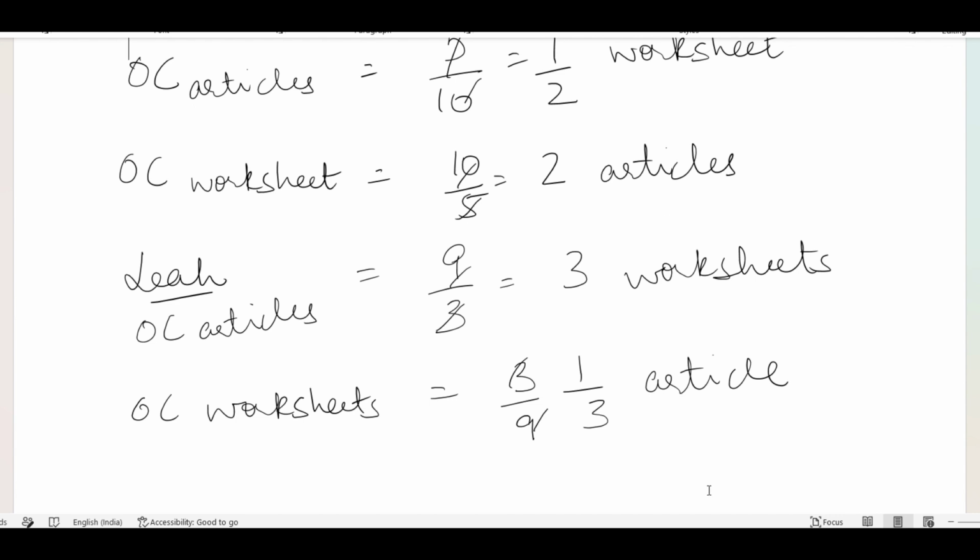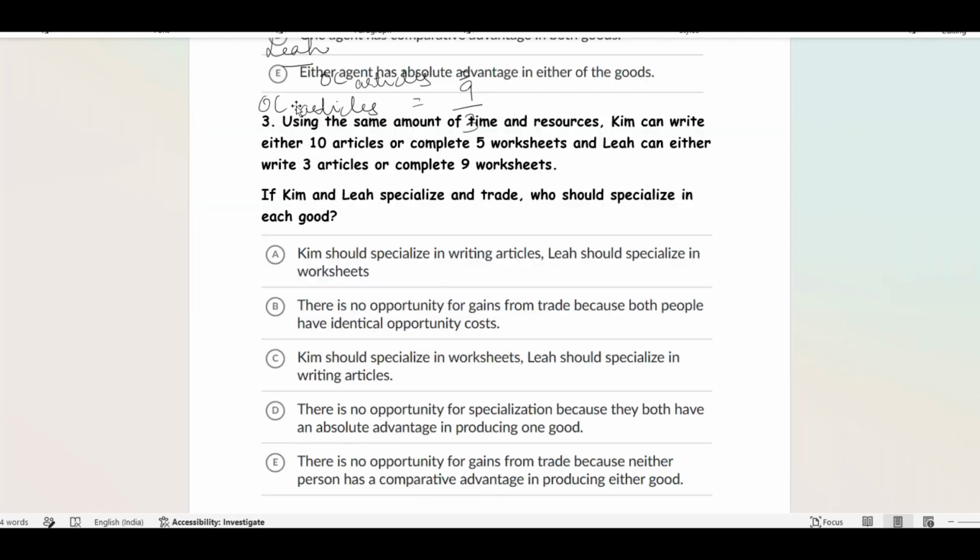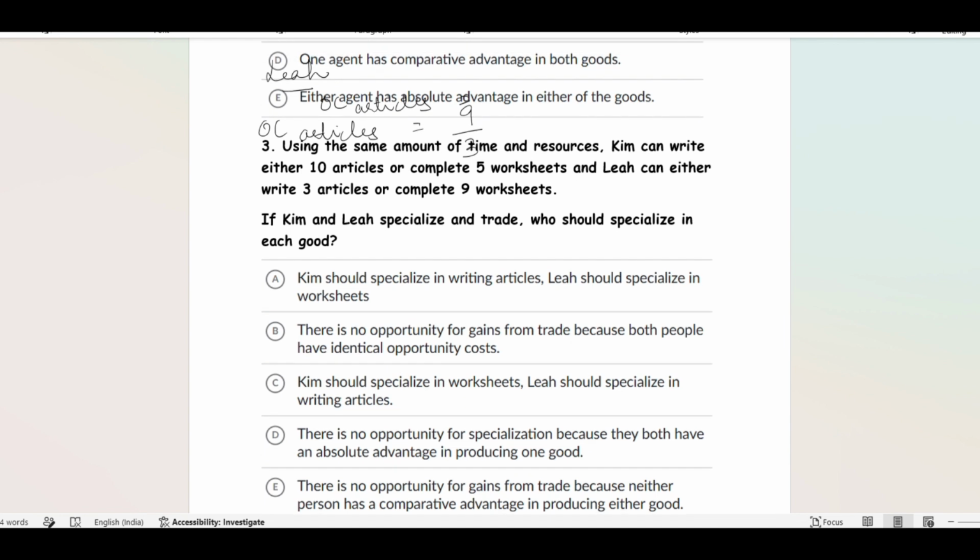Whoever has a lower opportunity cost will specialize in that good. So Kim specializes in articles. Let's see if we have that option. Kim should specialize in writing articles. That's option A. And Lee should specialize in worksheets.